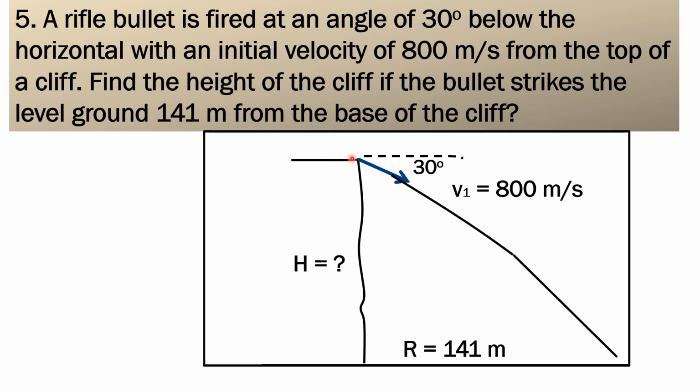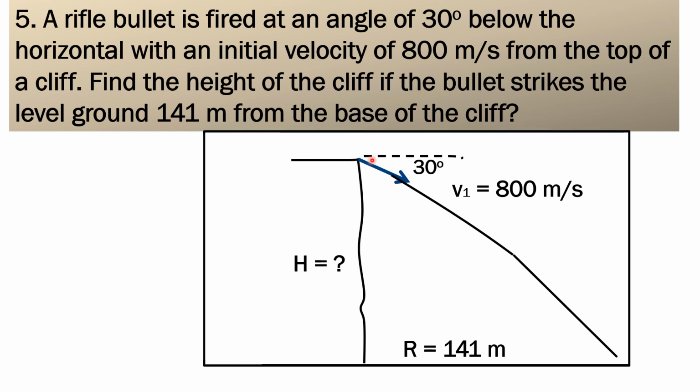Supposing this is the top of the cliff, and a gun or rifle is aimed in this direction, making an angle of 30 degrees below the horizontal, or the top of the cliff.